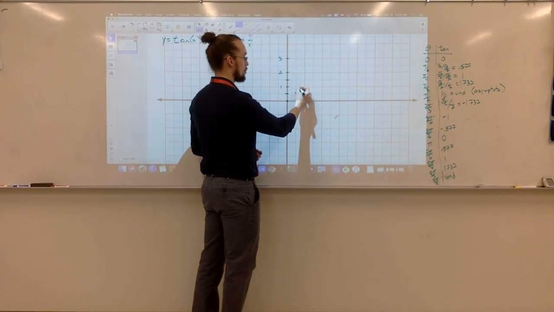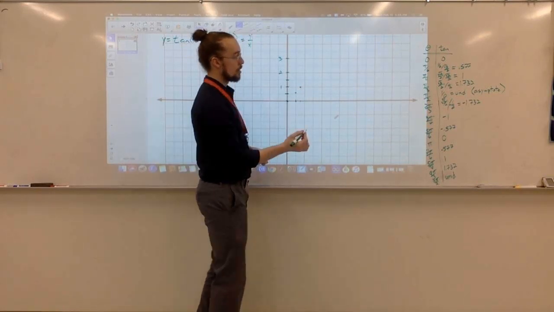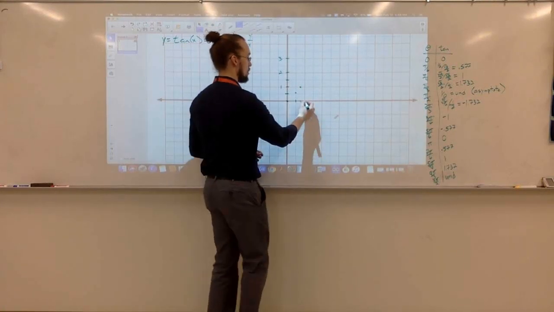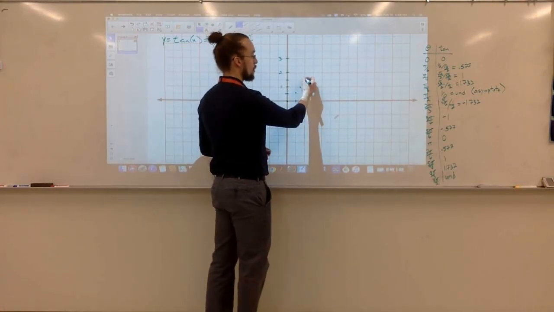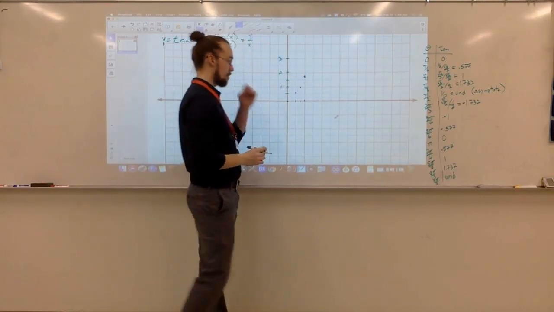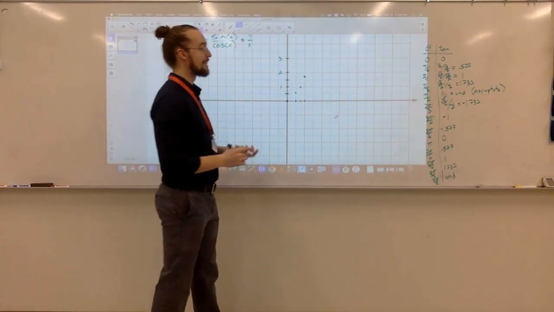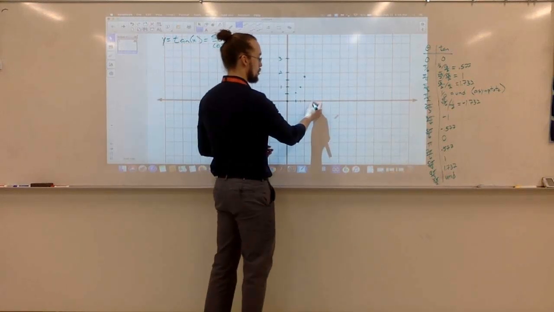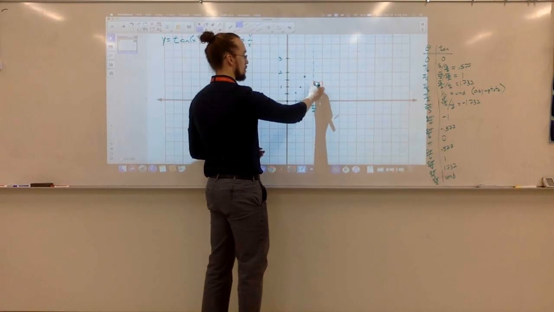Pi over 4 is at 1. Pi over 3 is at 1.732, so something like that. And then at pi over 2, we have an asymptote.